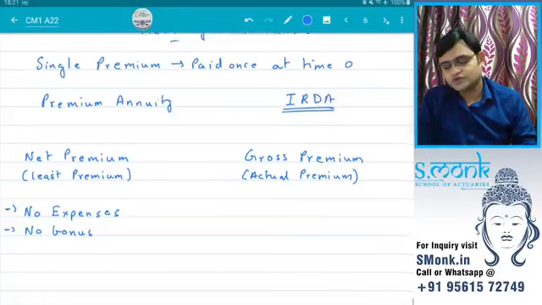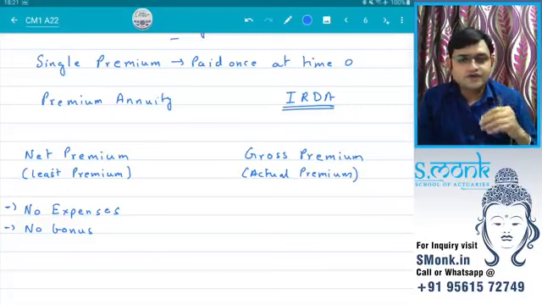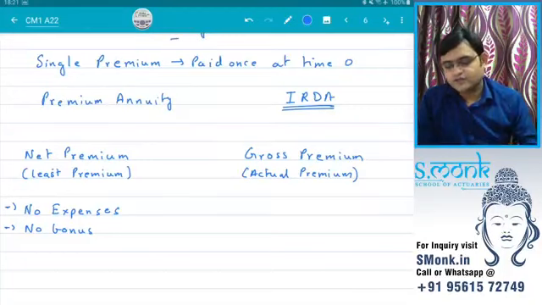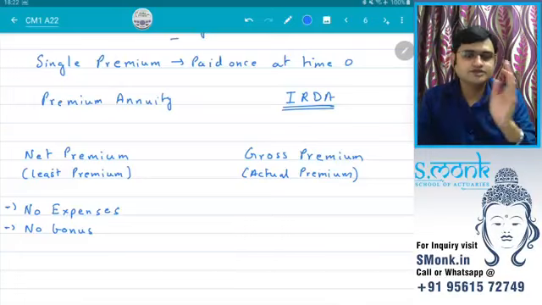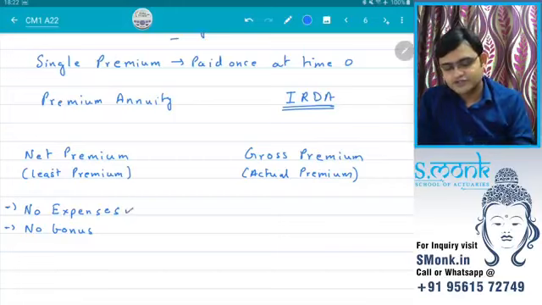So for that they have commissions, right? We have different types of commissions. We'll talk about that later, but we will include them in expenses. In a question, they might give you expenses separately and commission separately, but for studying purposes we are taking expenses and commissions together. So you can write no expenses and commissions.